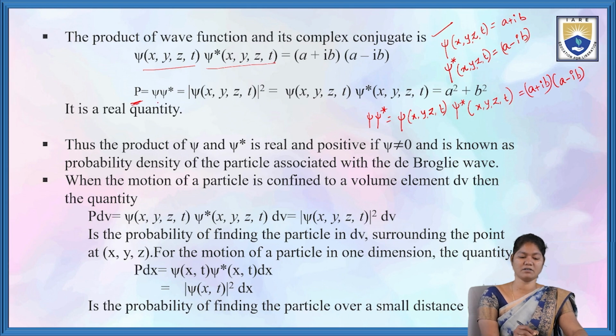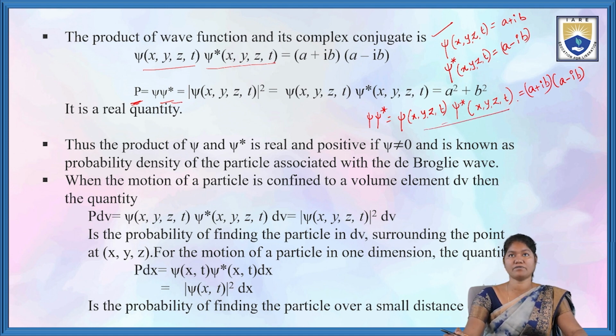So capital P is the product of the wave functions, ψ(x, y, z, t) into ψ*(x, y, z, t). So modulus ψ(x, y, z, t) squared is equal to a square plus b square.